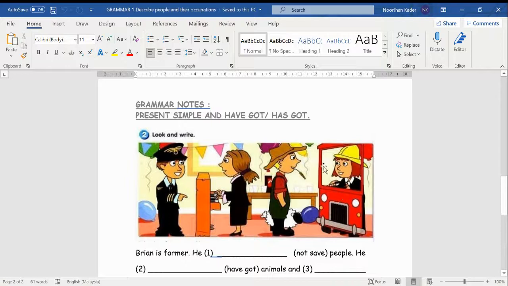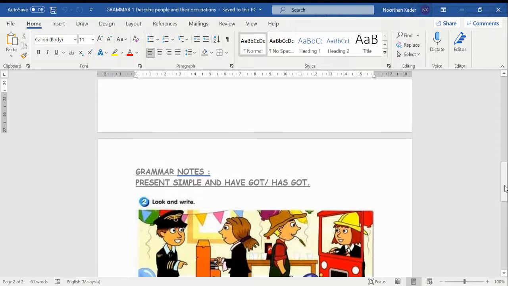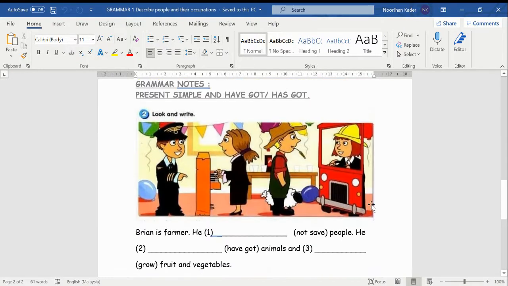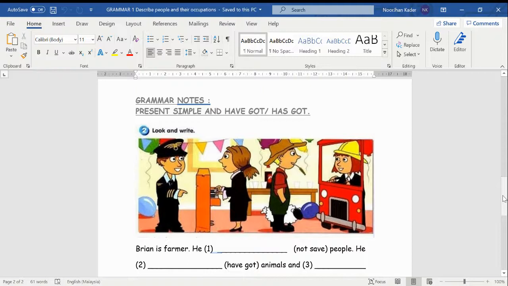Oh, it's a fire brigade. Okay, so Pat is a firefighter. She's actually driving a fire brigade. It's not a lorry, but because just now we didn't know, now we know it's a fire brigade.